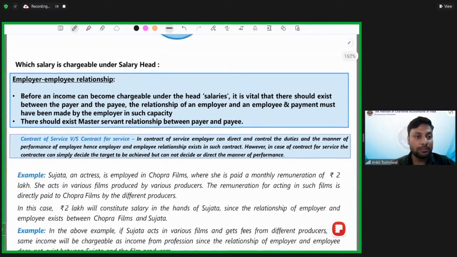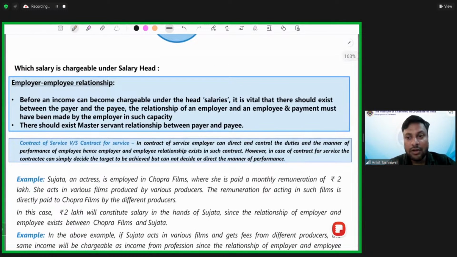Employer is one who can determine the manner of the performance of the duties of another person, who can not only guide but also order how he should conduct his duties. So if such relationship is there, then the income is taxable under the head salary.